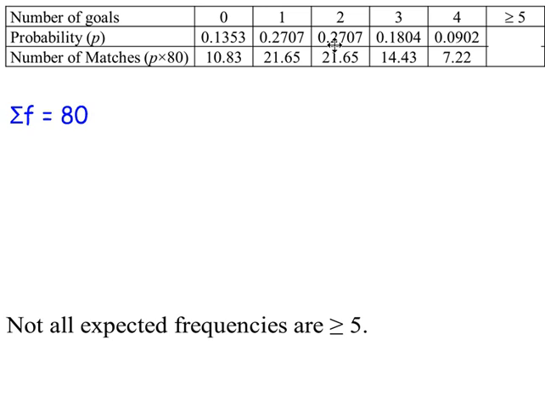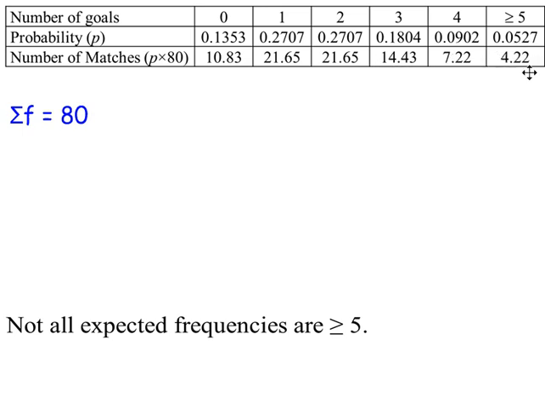And working through the table, for the last one, more than or equal to 5, we have an easier method to work out the missing values here. We know the probabilities would add up to 1, so 1 minus the ones that we've got here will give us the p-value, and we know the total frequency is 80, so 80 minus all of these expected values will give us the E-value here.